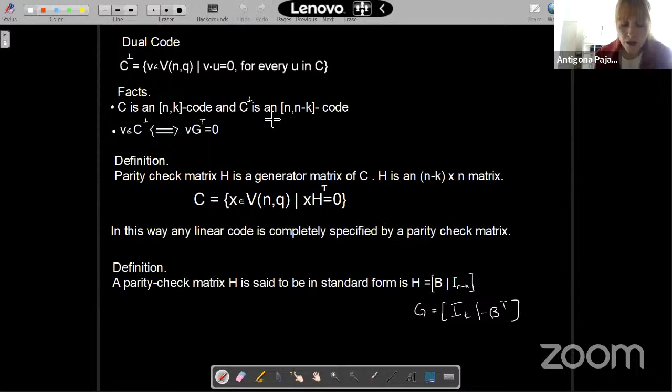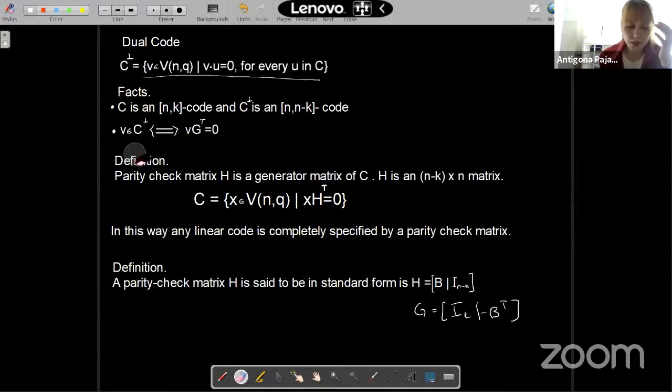Because the generator matrix rows are code words. When we look at its transpose, they will be columns. So it will be V times, let's say, the i-th column of G, and by definition, if this is equal to 0, then V is in the dual code, as we see in this set, and from the other side as well.